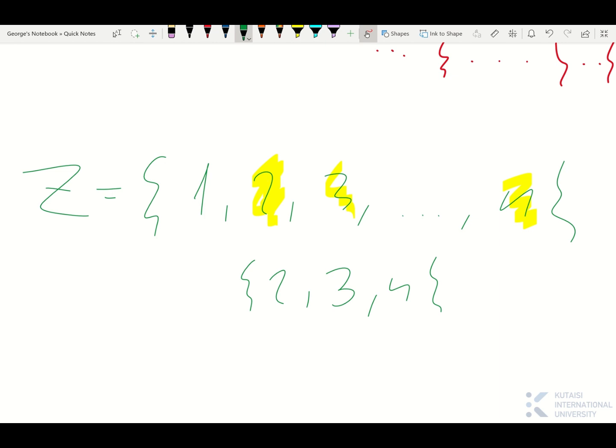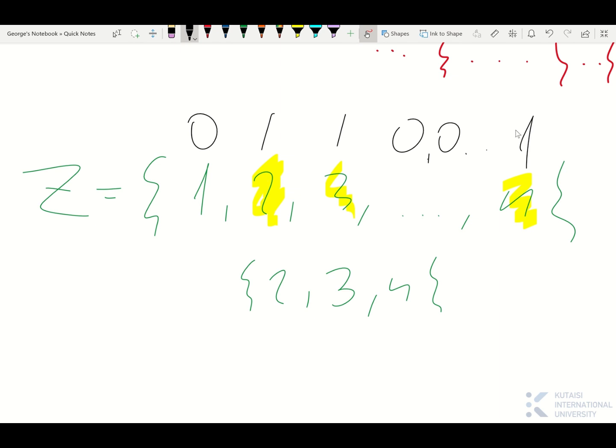So each subset corresponds exactly to a string like 0, 1, 1, 0, 0, 0, 1. Every time you pick a subset, you specify a string of ones and zeros. You write ones where you include the element. If you say all ones, it's the whole thing. If you say all zeros, it's the empty set.